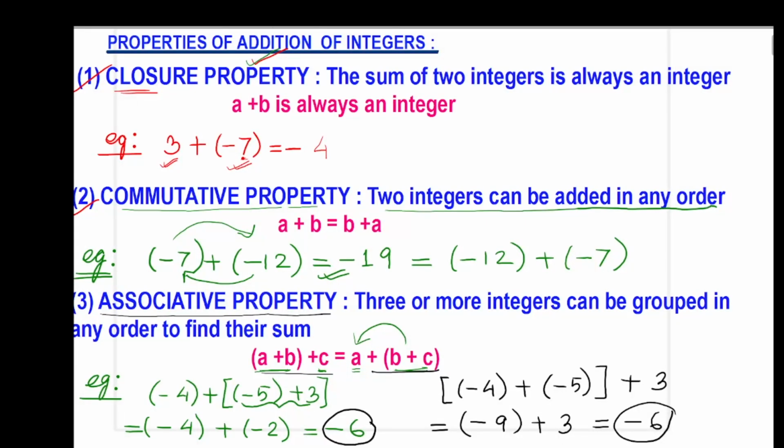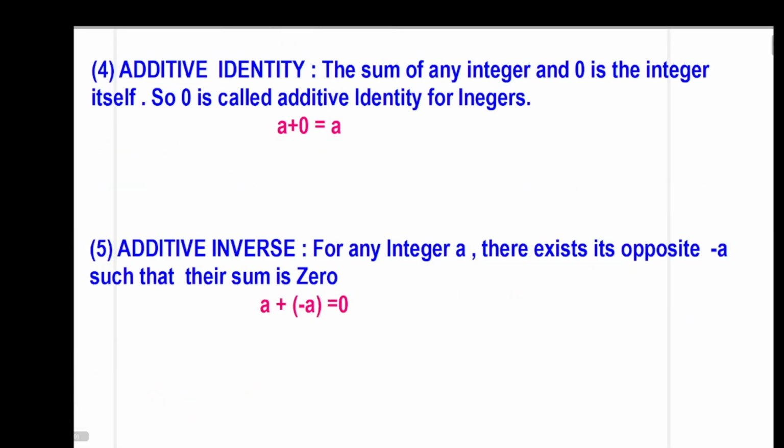Okay. Then come to the next. Next one is additive identity. What is additive identity? The sum of any integer and 0 is the integer itself. That means when we add 0 to an integer, whether it is positive or negative, it doesn't matter, we will get the number itself.